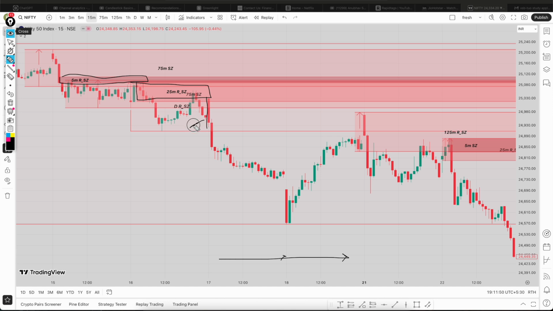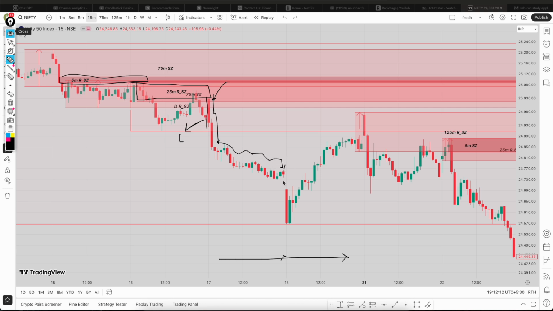The market previously closed here. This was the market closing, and now on the 17th, the first candle itself came into this zone, started giving a down move, and it was just going down that whole day.